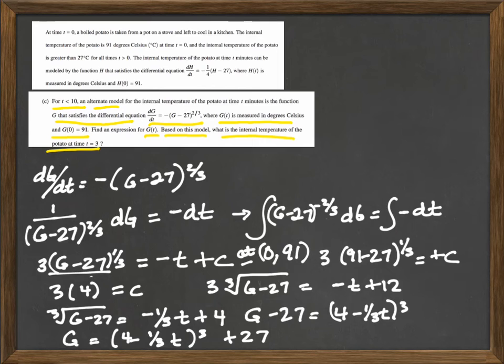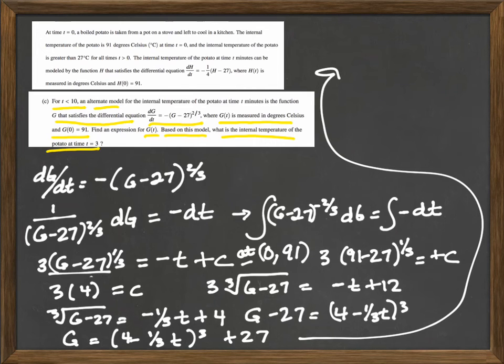Okay, so that's what I got for g, and that's correct. But now we've got to do one more thing. We've got to go up here and find what it would be when t equals 3. So g of 3 is equal to 4 minus 1/3 times 3, so 1 cubed plus 27.